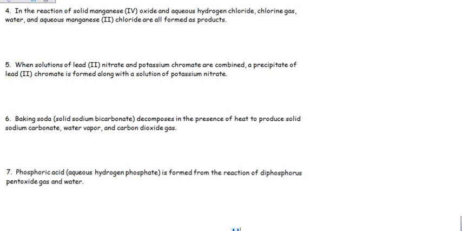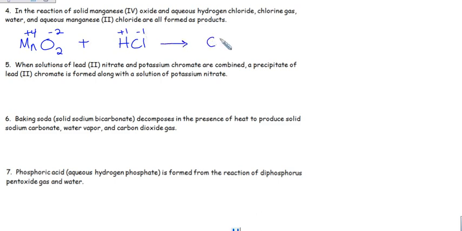So I really have 2 reactants. My reactants are the solid manganese 4 oxide. Manganese is +4. Oxide -2. I'll need 2. Aqueous hydrogen chloride. Hydrogen chloride +1 -1.